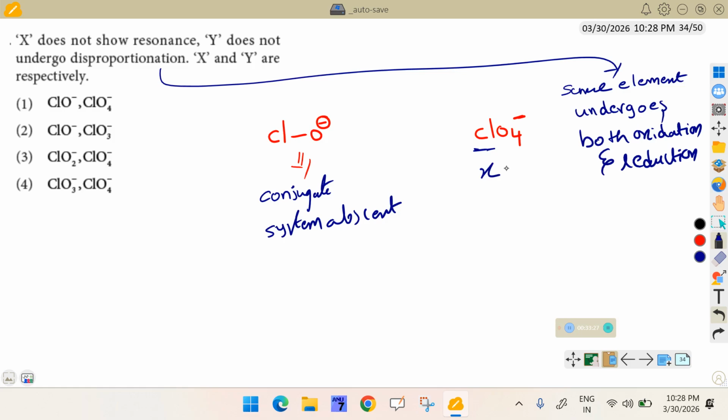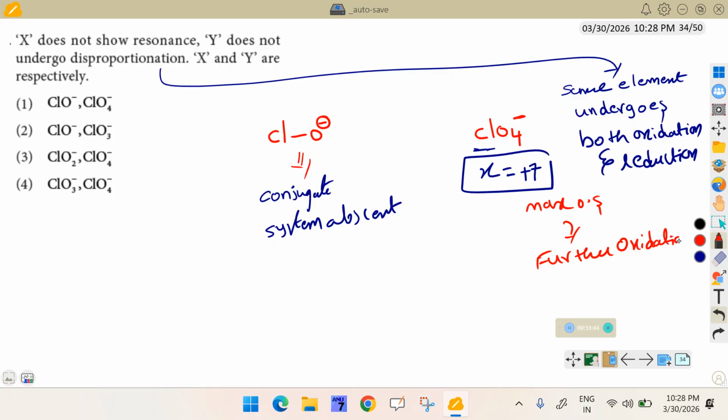Calculate the oxidation state of chlorine: plus 7. Already chlorine reaches its maximum oxidation state. So further oxidation is not possible. Based on that, the correct option is the first option.